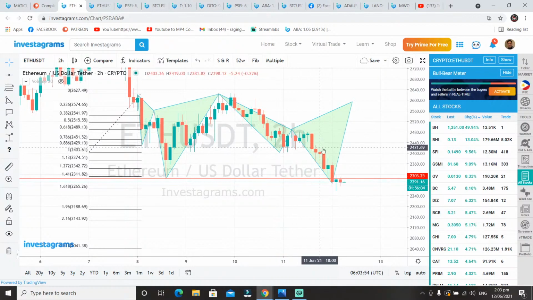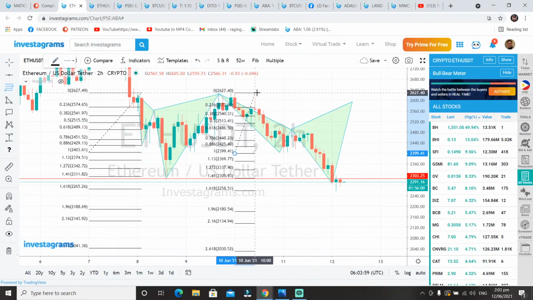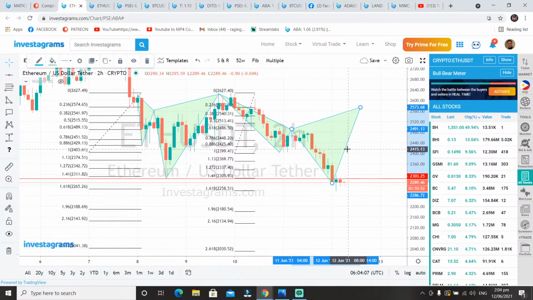Then it made a downward movement again. So your limit is 141%. Even though it did not form its cipher pattern, because it's already invalid, since C should not be more than 141%, you could have set your target profit here as it moves along the way.